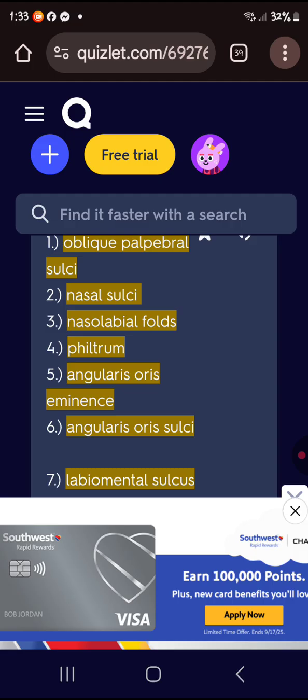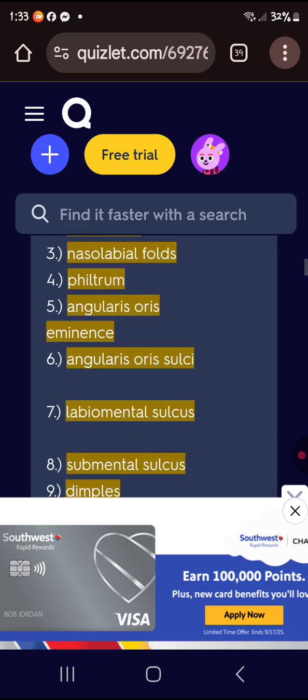The philtrum, we know, is the little water slide under the nose holes down to the Cupid's bow. The angularis oris eminence, you know angularis is angle, oris is mouth, and eminence is the pooch or protrusion or whatever.